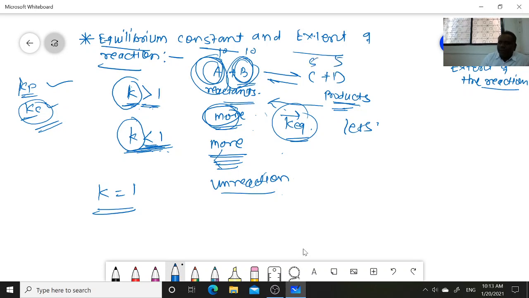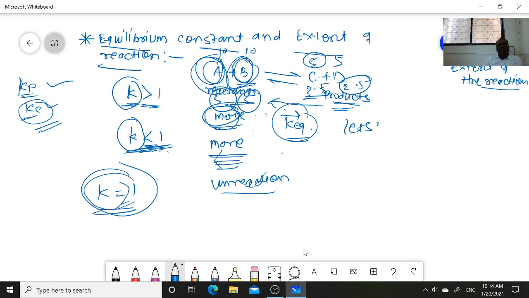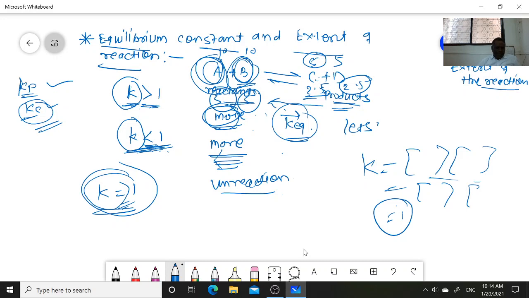When K is equal to 1, half of the reactant will be consumed, only 5 liter will remain, and 2.5 liter and 2.5 liter of C and D will be remaining there. Means the concentration of the reactant as well as product are equal when K is equal to 1. How to write K? The concentration of the product divided by the concentration of the reactant. When this value comes out to be 1, in that case the proper equilibrium is attained.